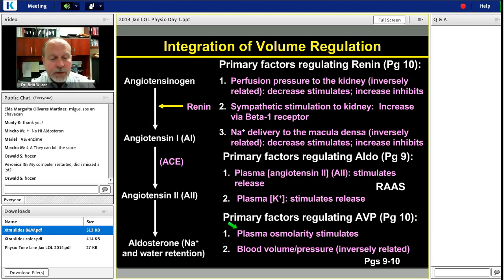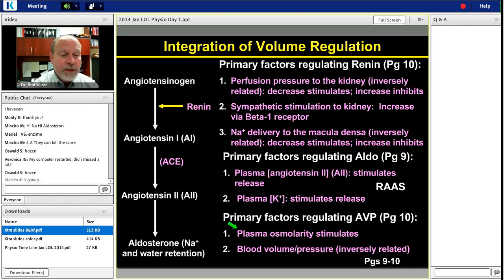So it should make good sense. If osmolarity goes up, then I reabsorb water to bring osmolality back down. It's a concentration. One of the themes through all of physiology, particularly as we get to the kidney, you must appreciate concentration. Separate concentration from total mass. Water affects concentration.